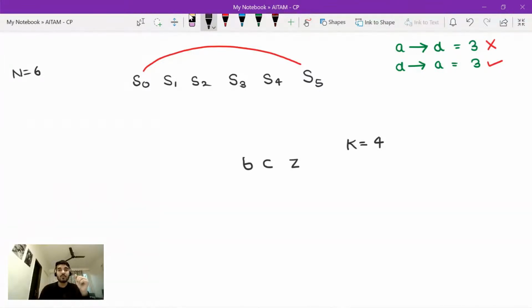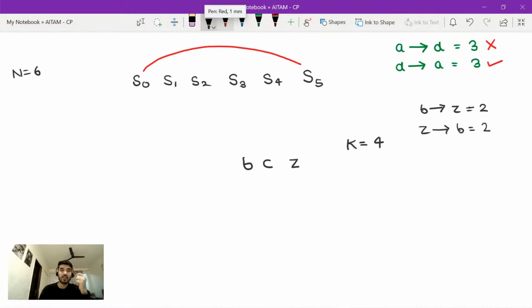I know to convert B into Z, I require two shifts, or if I convert Z into B, then also I require two shifts. Because first I will apply a left shift on character Z, then it will be converted to A, then from A to B. So then also it will take two shifts.